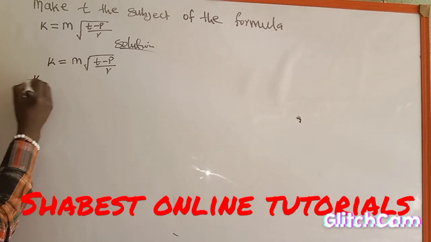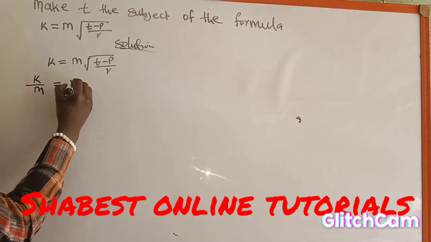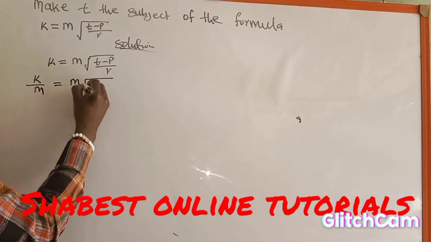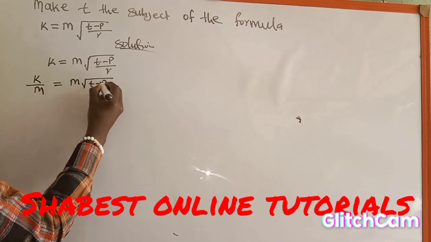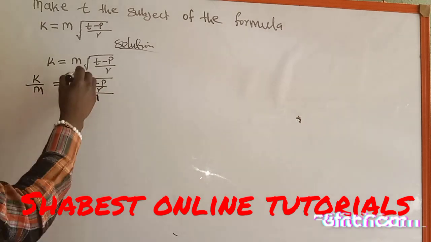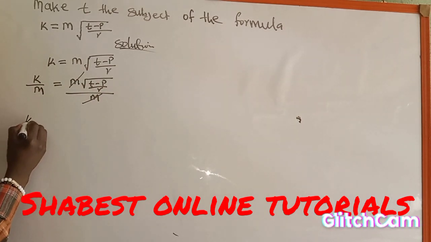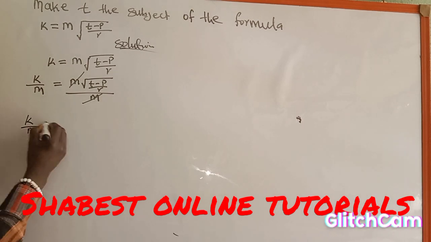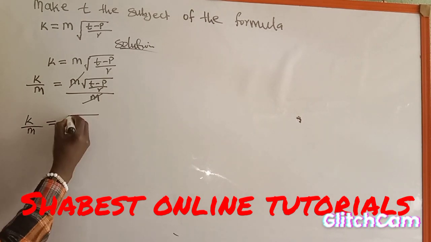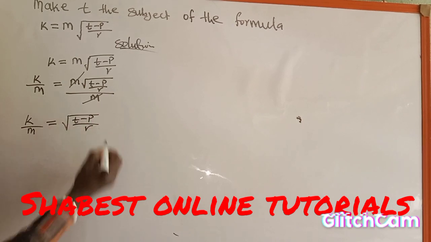We are going to have k divided by m on the left hand side, equal to m into the root of (t minus p) over r, everything over m, so that this m can cancel m. So we are left with k over m equal to the root of (t minus p) over r.